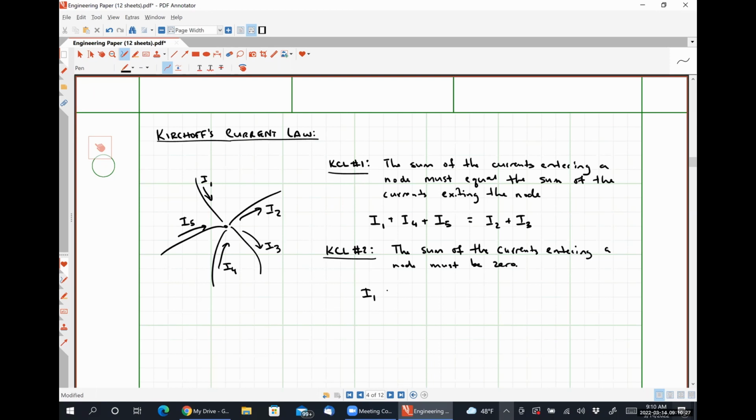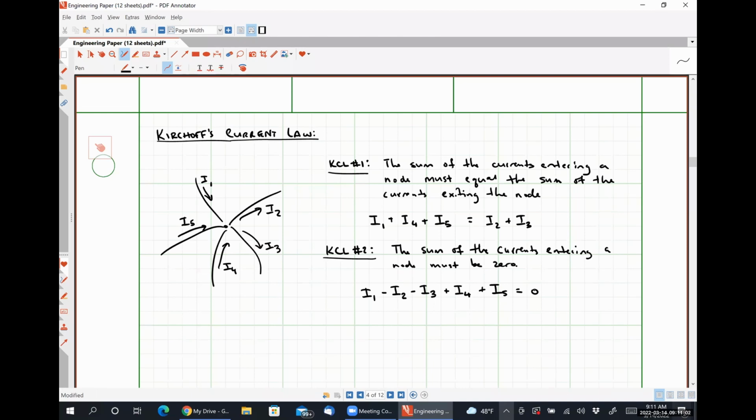The current negative I2 is entering, since we know that we can change the direction of a current by simply applying a negative sign to its magnitude. Similarly, a current of negative I3 is entering the node. Then we have a current positive I4 entering, and a current positive I5 entering, and these combine together to make 0.